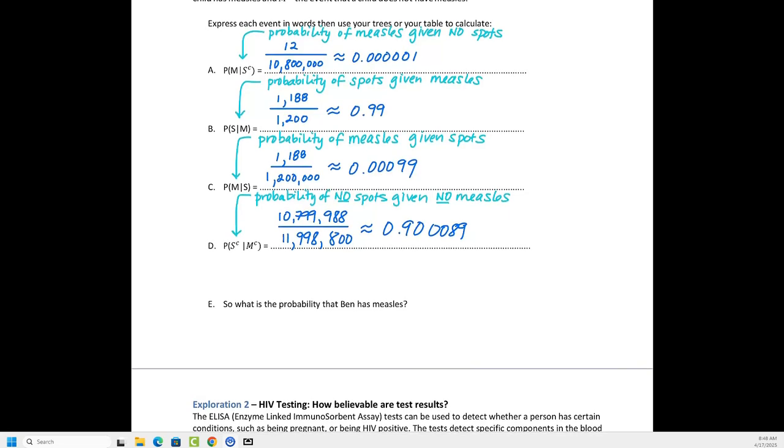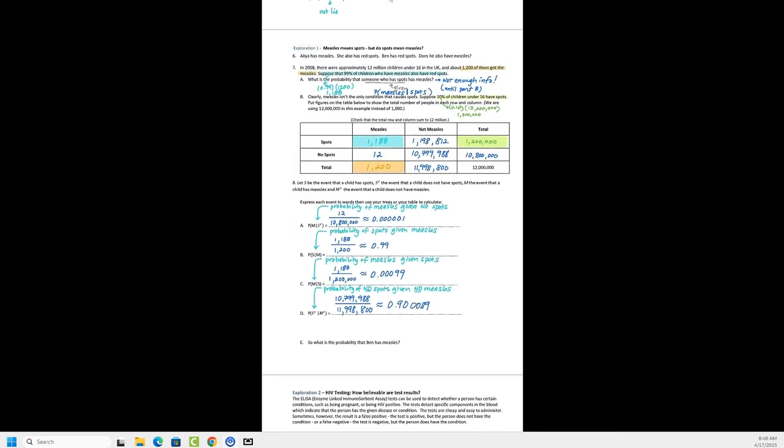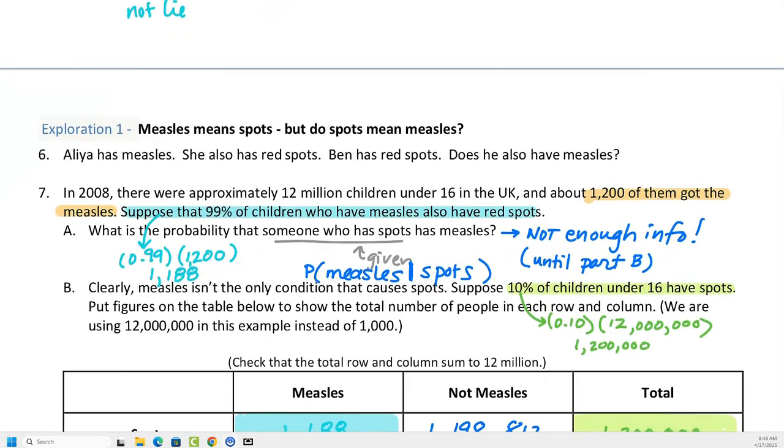So what is the probability that Ben has measles? Okay, now when we answer this, you have to remember at the very, very beginning that Ben has spots. Do you guys remember that?